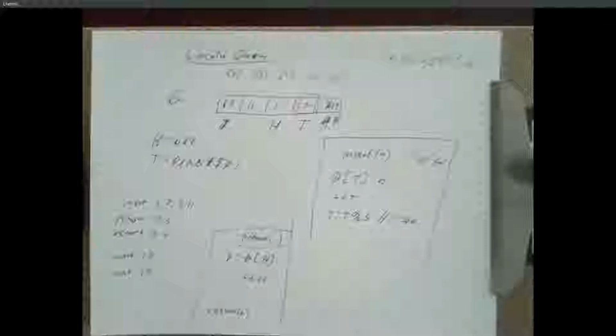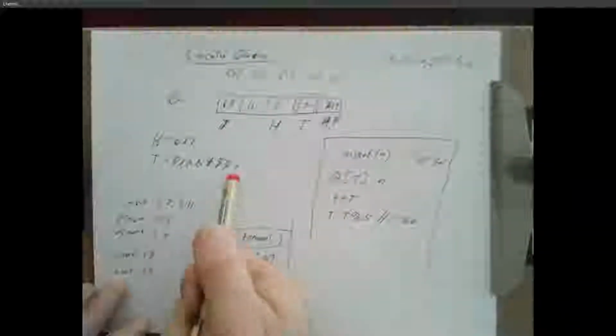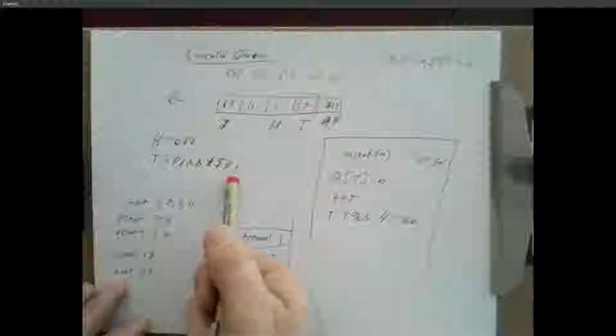If I insert, my algorithm is going to want to insert right here. But after I do that insert, I'm going to increment my tail, and my tail is going to become 2, which is also what my head is. And if my head and tail are equal to each other, that's how we said we know that the queue is empty, right?